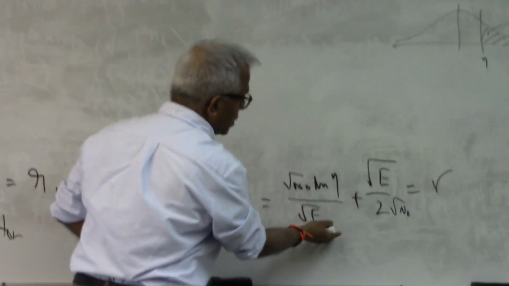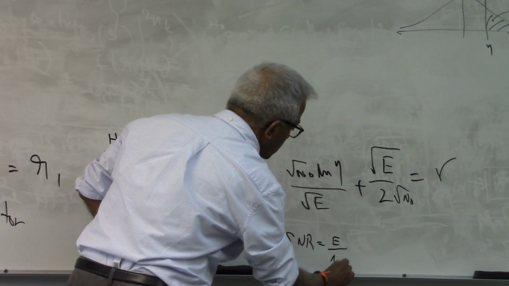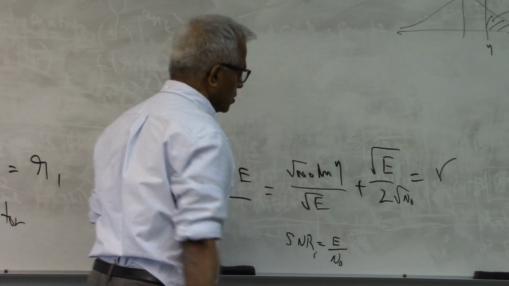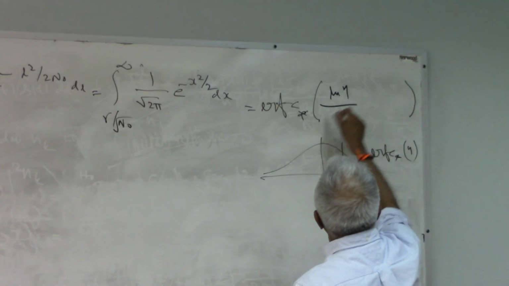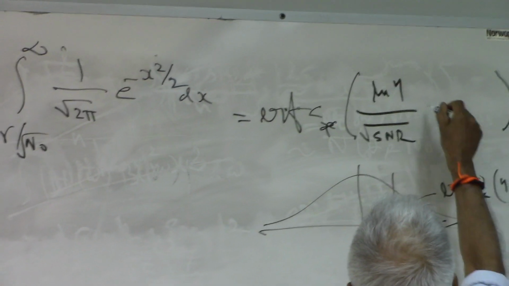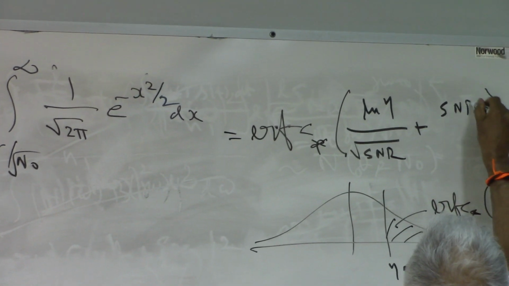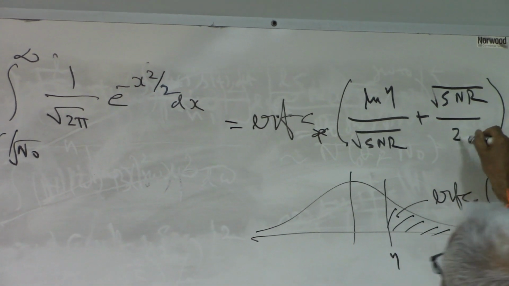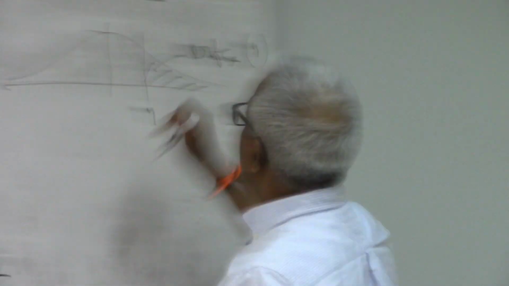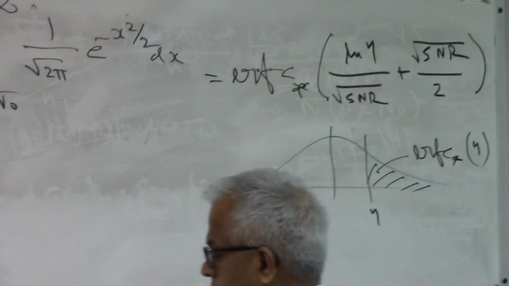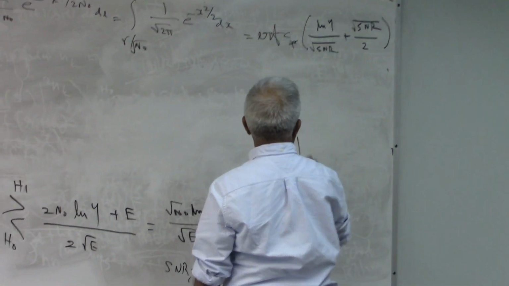Now I'm going to call SNR equal to E over N0, the SNR input. So this now becomes log eta over square root of SNR plus E over N0, which is SNR, so this becomes square root of SNR divided by 2. So pictorially it becomes like this.